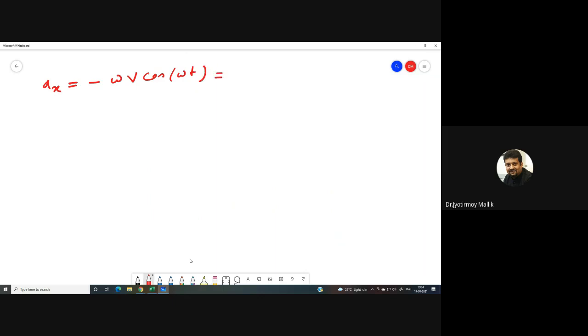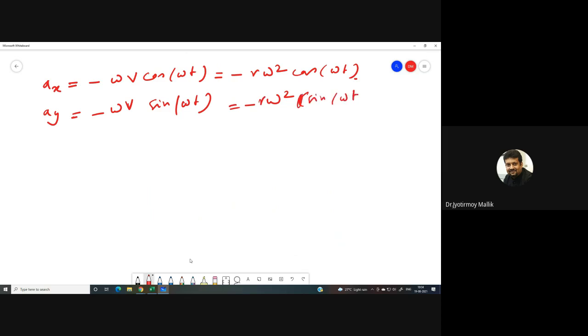And if I simplify that, we can write it as r omega square cos omega t. And similarly, ay can be written as minus omega V sine omega t, or r omega square sine omega t.